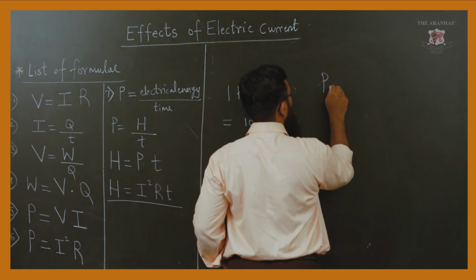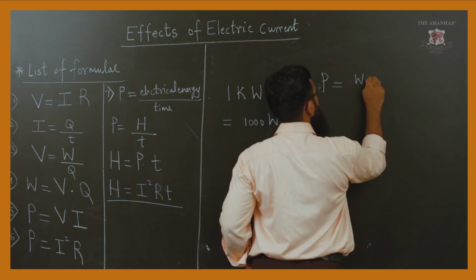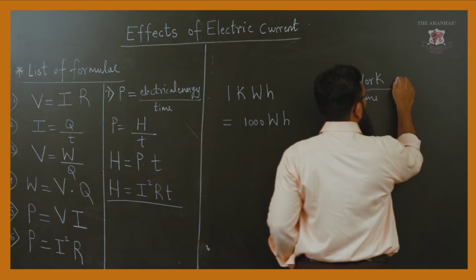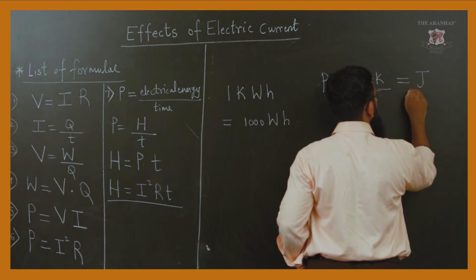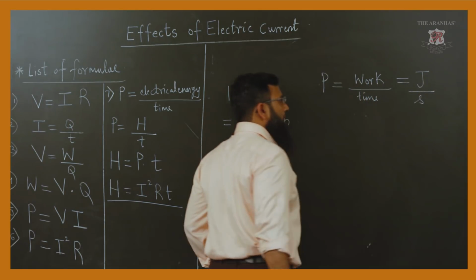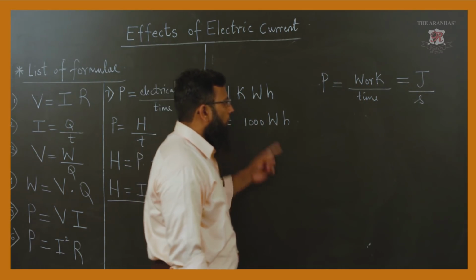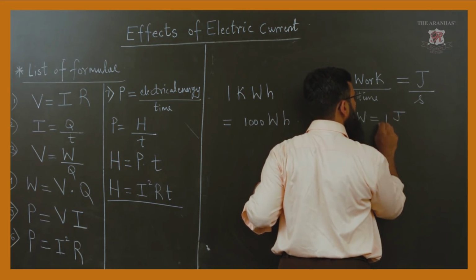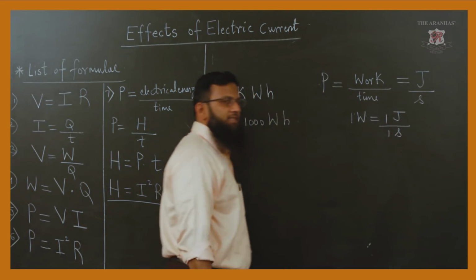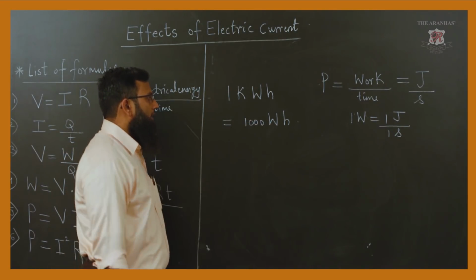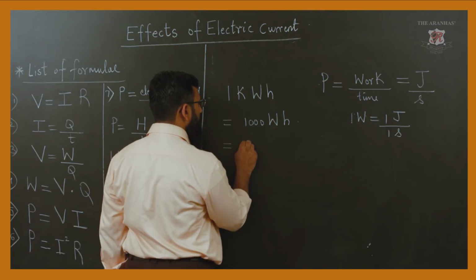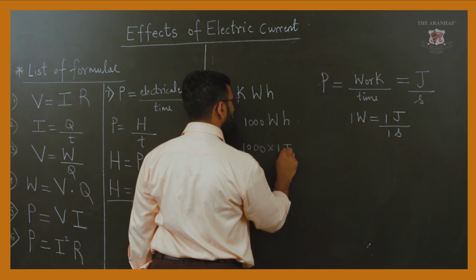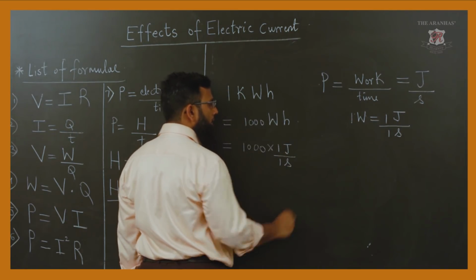Also, power is work upon time. Work done in SI unit is measured in joules, time is measured in second. So, we can also say 1 watt is 1 joule per second. I will apply that in this case. So, it will become 1000 into 1 joule per second.